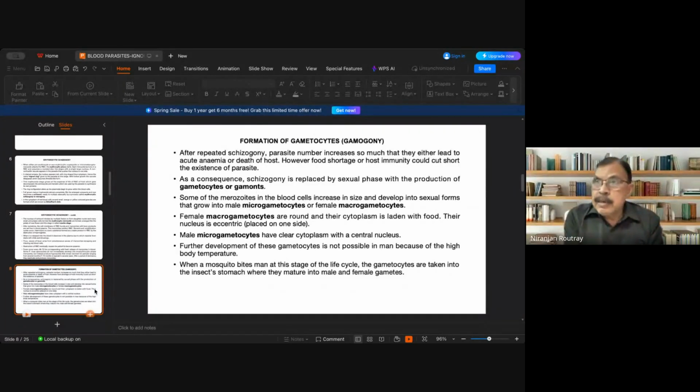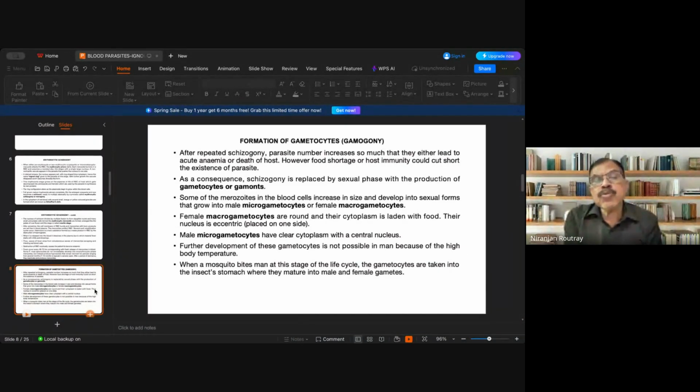The stage prior to the gamete is called the gametocyte, the cell that will develop into the gamete. So some of the merozoites in the blood cell, instead of continuing the schizogony, simply increase in size, with no division, and develop into sexual forms.